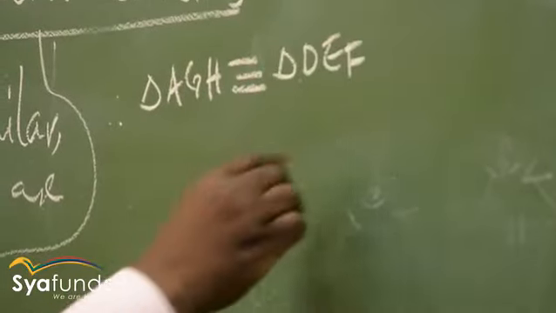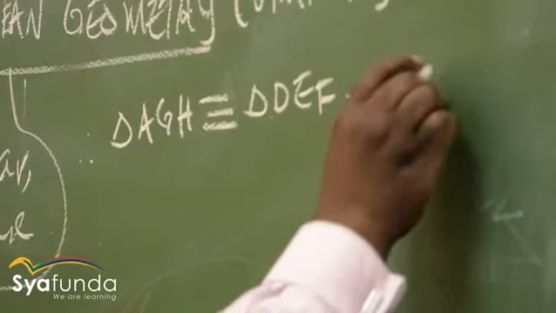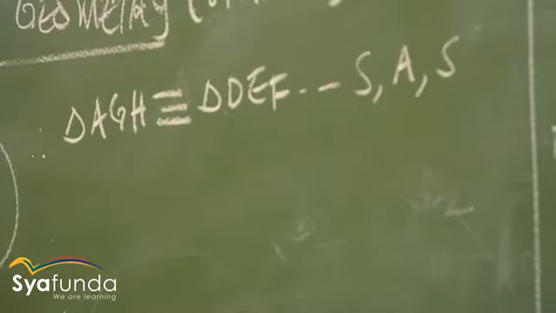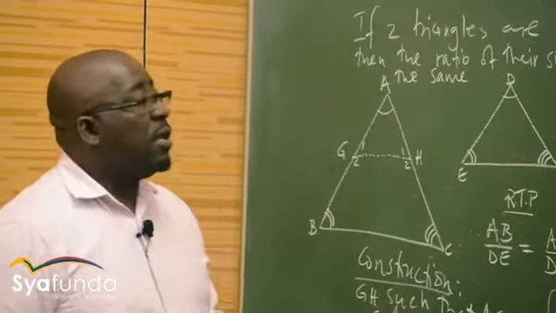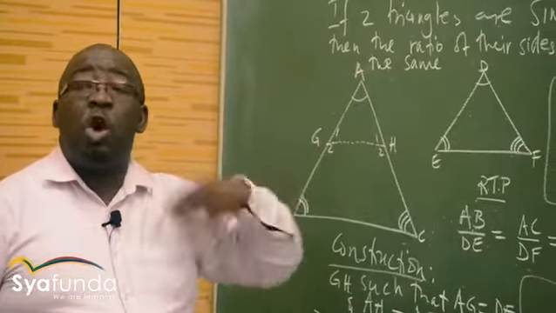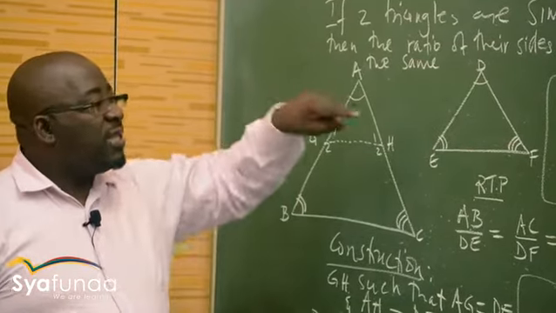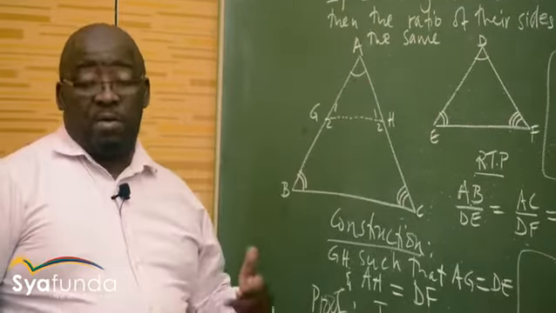Where do we get this information from? From side, angle, side. We proved that side, angle and side are the same. Now we can say that this triangle is equal to this triangle in all respects. In other words, they are congruent because we have proved that two sides and an included angle are the same.